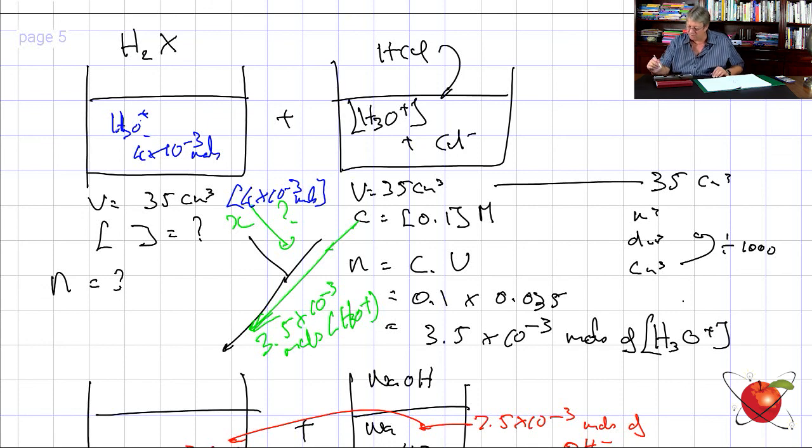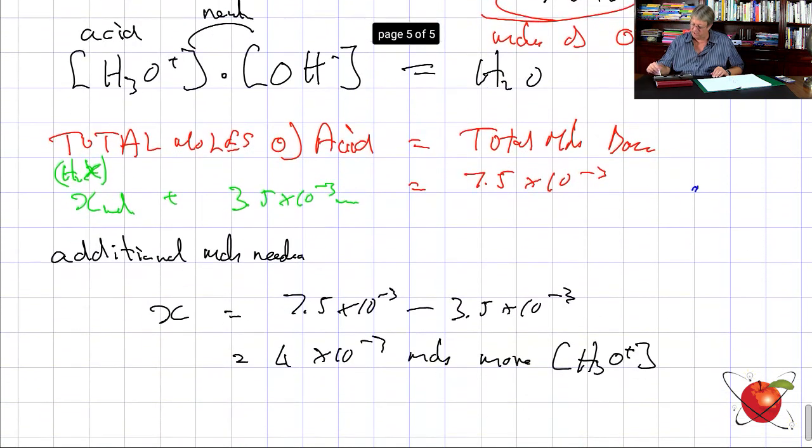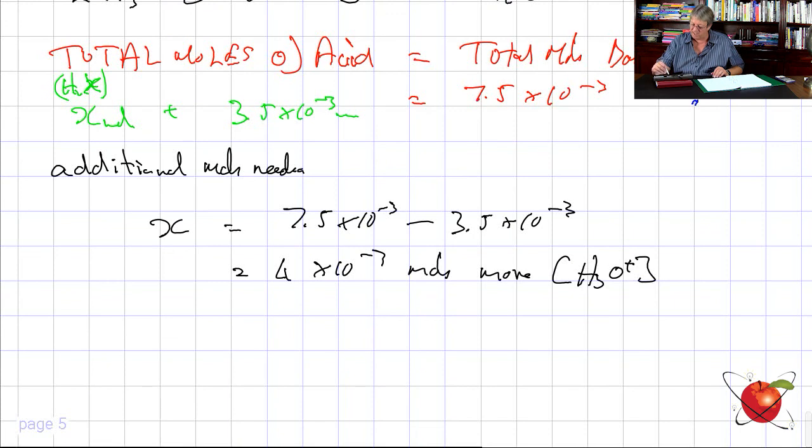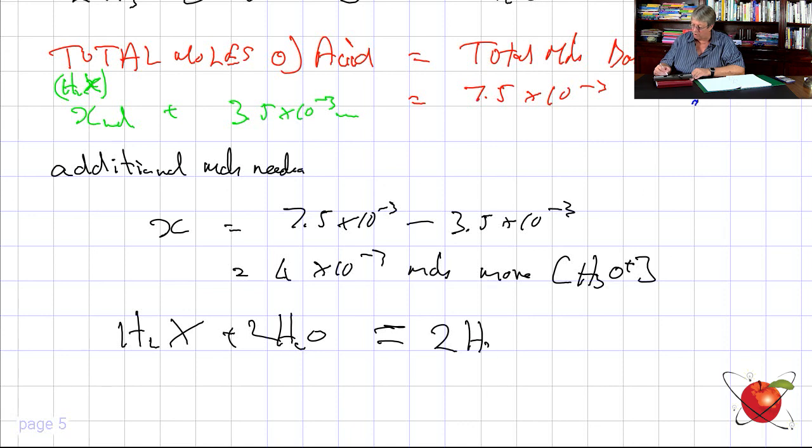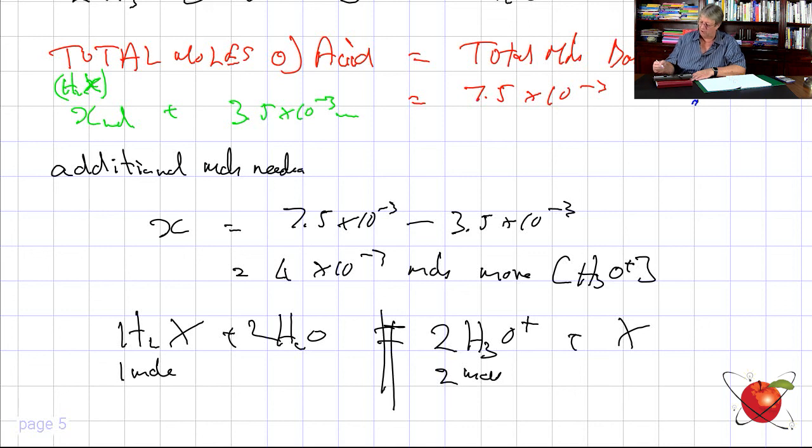That's straightforward. The last part is you say to yourself, where's the balanced reaction? You write it now. H2X plus 2 H2O gives 2 H3O+. What am I saying? I'm saying 1 mole of this gives me 2 moles of the H3O+.